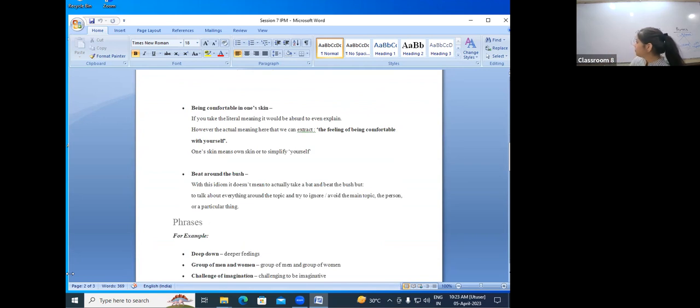Okay, so here you can see some of the examples. Pahi, can you just read out the first example and explain it to us in your own words? The idioms example. The first one, being comfortable in one's skin.